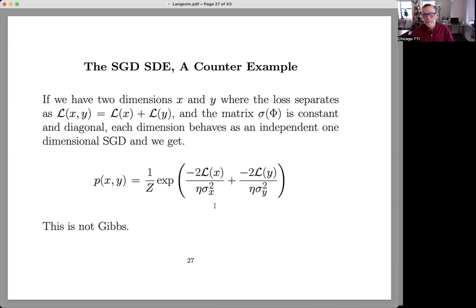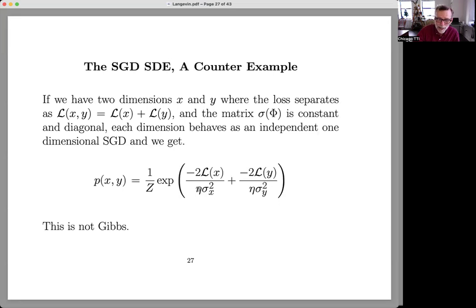And when the two dimensions behave completely independently, the probability density of a particular two-dimensional vector, x and y, here I'm using x and y as model parameters, is just the product of the two: the probability of an xy pair is the product of the probability of x and the probability of y, and that can be written this way. Both of them are exponentials, so when I take the product of exponentials, I get an exponential of this form.